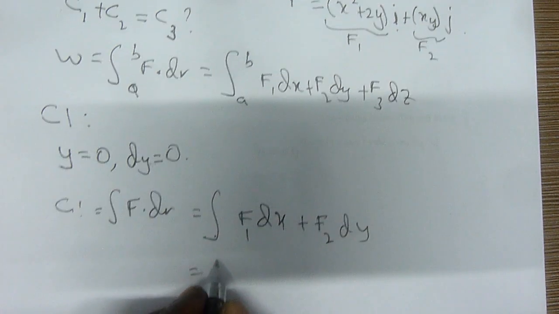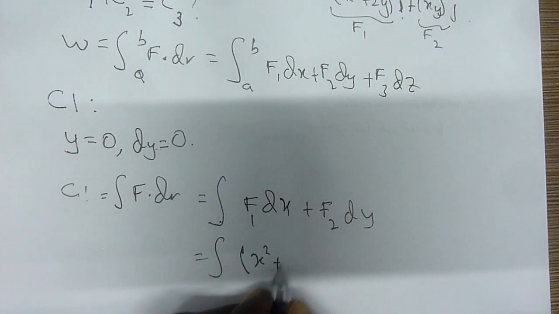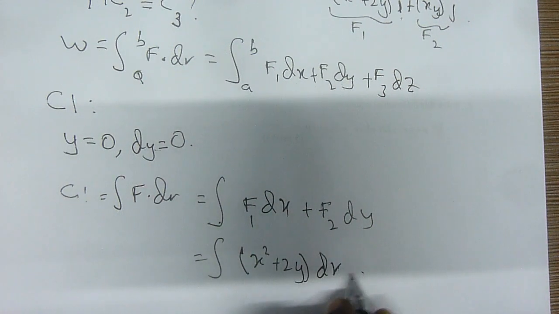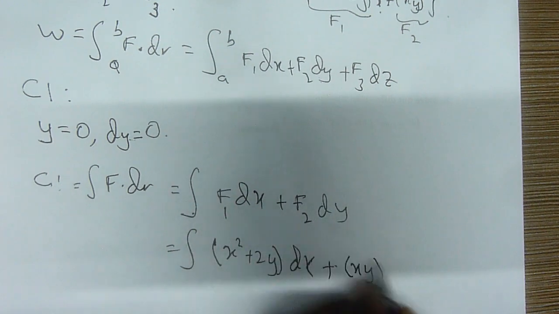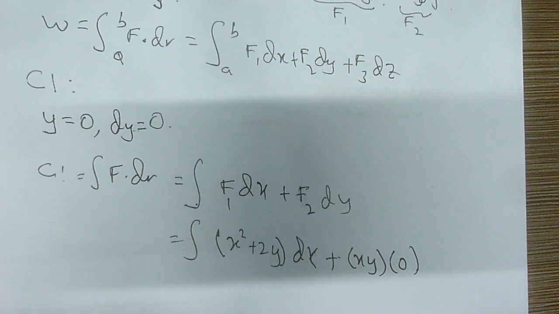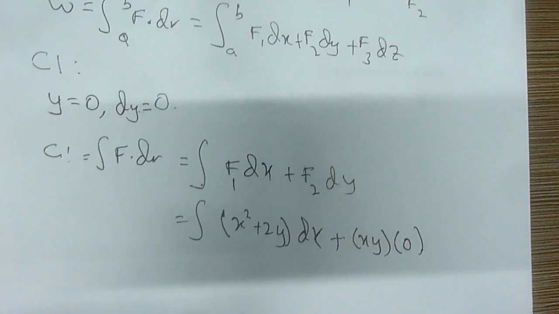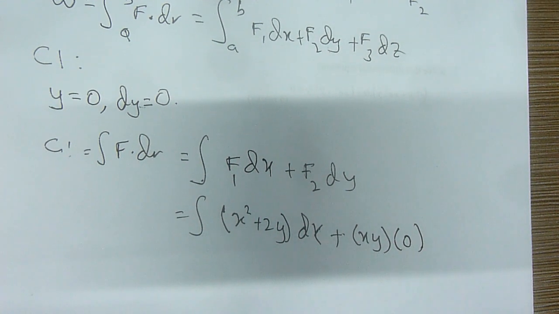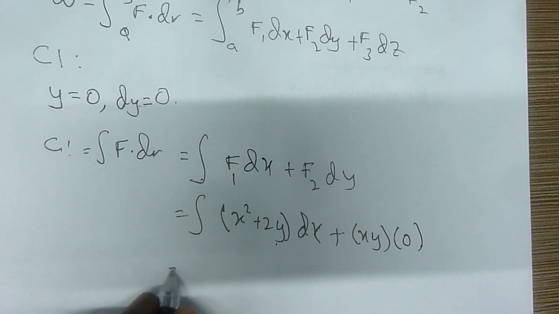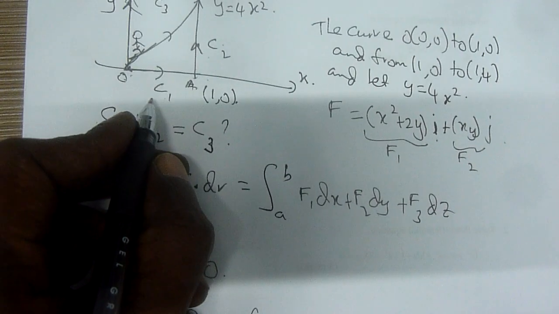Let me write this anyway for you to know. F1 is there, x2 plus 2y dx. F2 also exists here, xy, but dy is 0. The change at dy is 0. Therefore this will disappear. Once it disappears, we can change everything here, and we know y also is 0, and we are using x base.